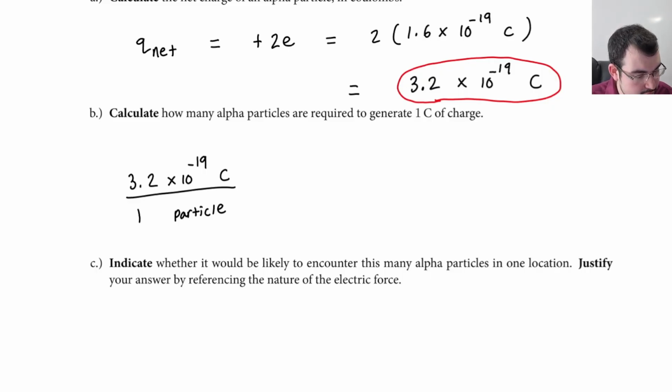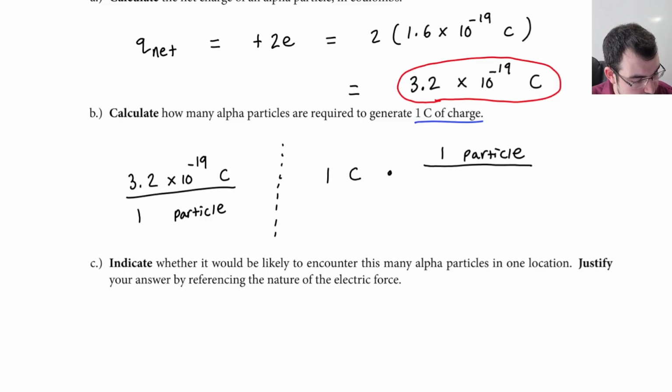So if we actually want to generate 1 coulomb of charge, we can set up this relation that I have 1 coulomb that I'm trying to make. And for every 1 particle, there are 3.2 times 10 to the minus 19 coulombs.